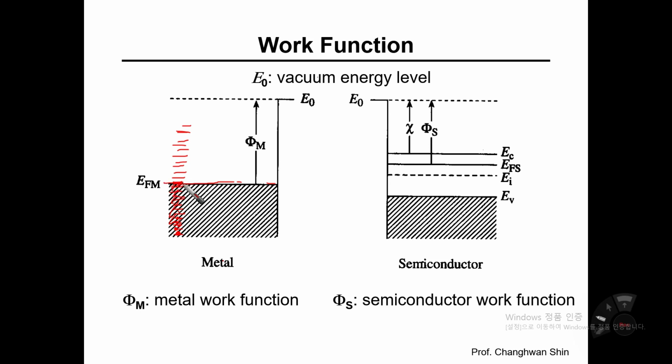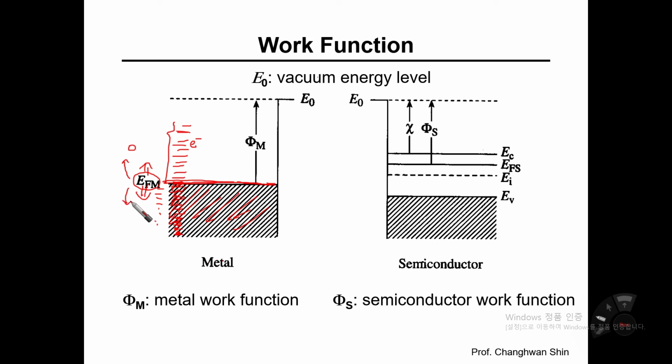So this energy level corresponding to the Fermi energy level indicates what? Below the Fermi energy level, all the energy states are filled with electrons, but above the Fermi energy level, all the energy states are empty. In other words, above EF, the probability of finding an electron is zero.